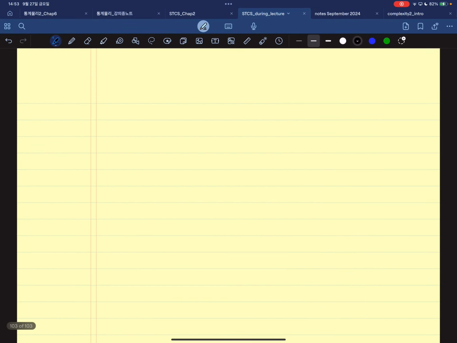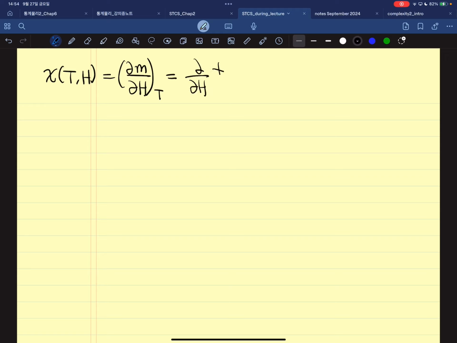The next thermodynamic quantity is, of course, the susceptibility, which is essentially the response of the magnetization with respect to the change of the external field. Then we have to take a derivative of hyperbolic tangent beta h.